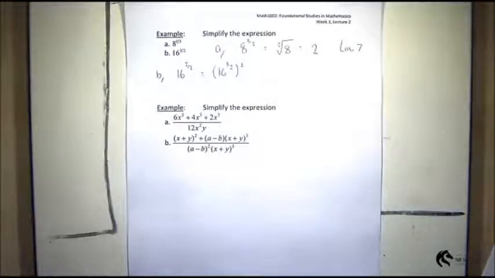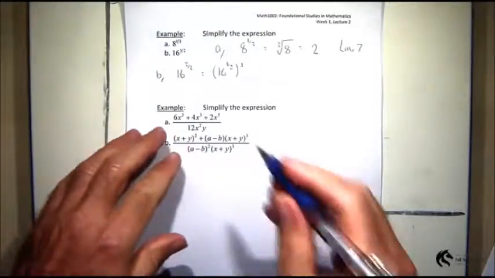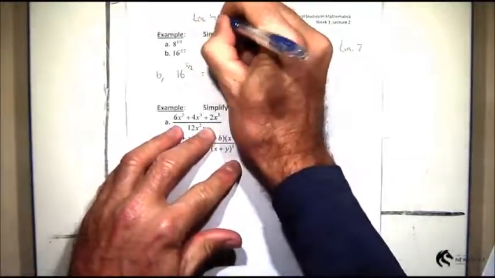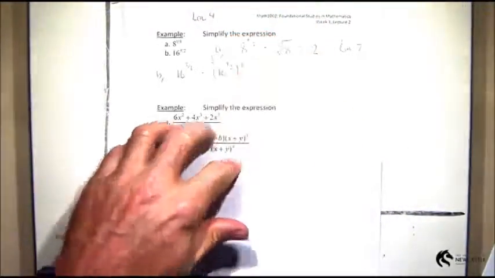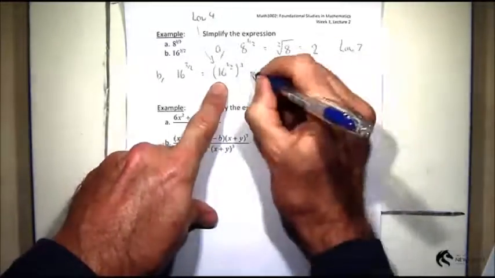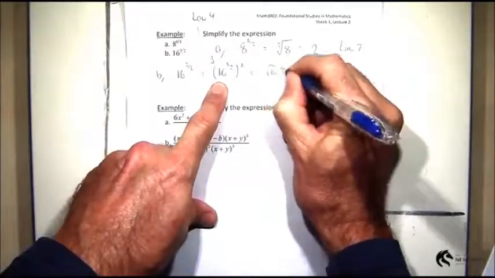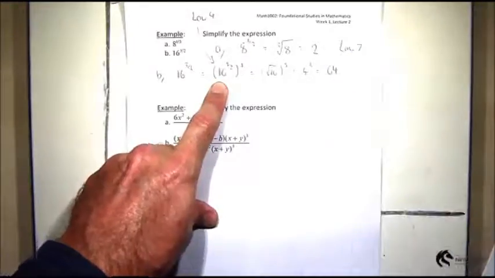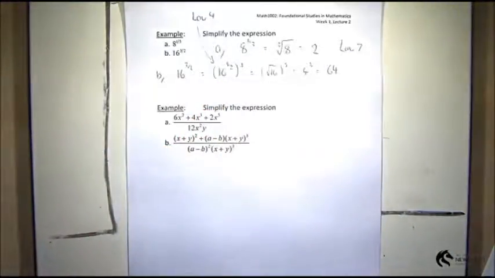I went from the right hand side to the left hand side. So I used law 4 backwards there. So let me just write that up here. Can you see it? Yep. Law 4 is what I used to get that. Now, 16 to the half is the square root of 16, all cubed. The square root of 16 is 4. 4 cubed is 64. So 16 to the 3 on 2, we can write as 64.